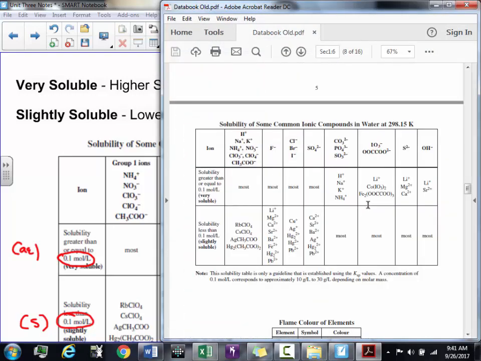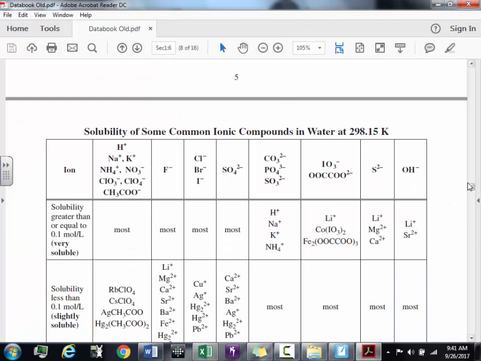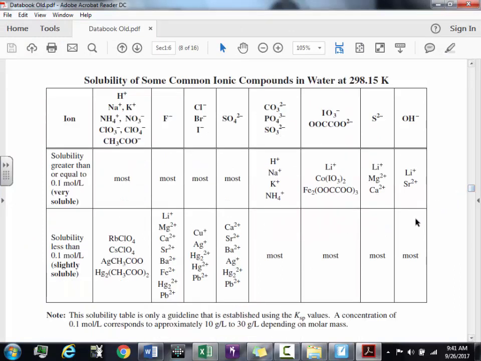Here it is. Can you guys add this column right here of S2-? Can you see that reasonably well here? In case I ever ask questions involving sulfur, just because some old questions in an old data booklet had sulfur in it, here's how it works. Lithium, magnesium, and calcium are all soluble with sulfur. Everything else is not.